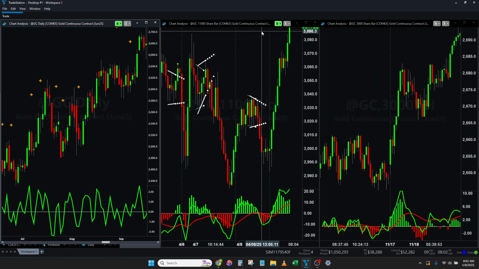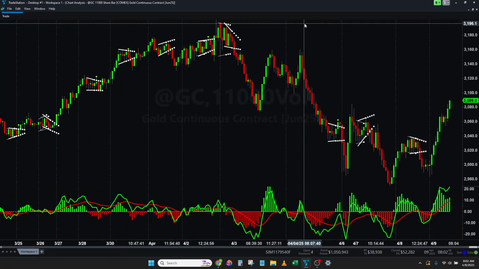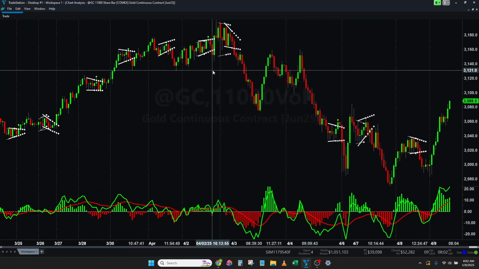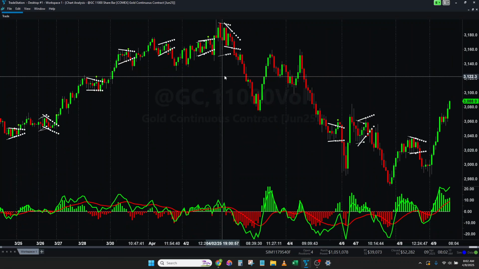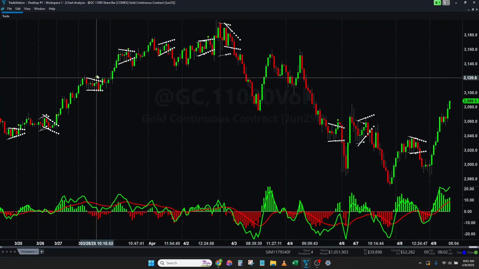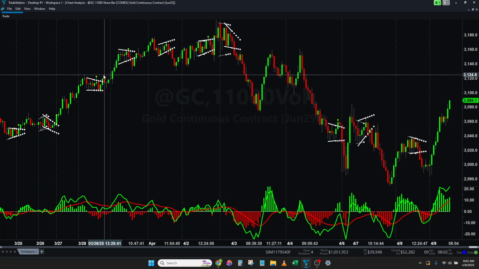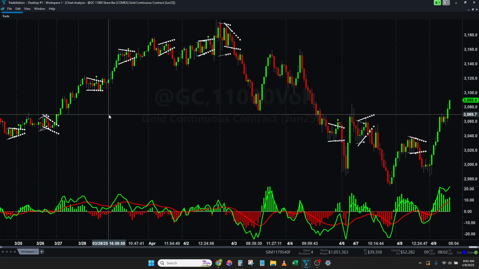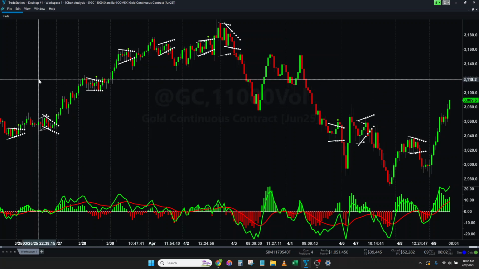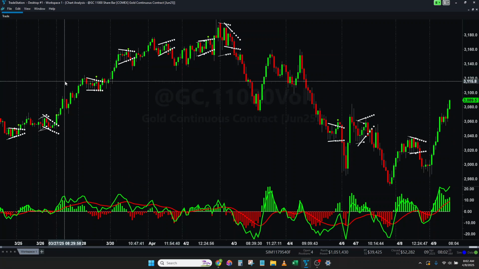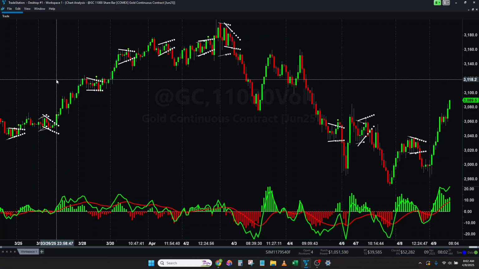Okay, so that's the daily. So these charts, I divide the average volume into 17 bars. Each one of these bars represents 11,000 contracts. So I took average volume for gold and divided by 17, and it comes out to about 11,000 contracts per bar. Now you can see between days, these little vertical grid lines show the distance between a day.